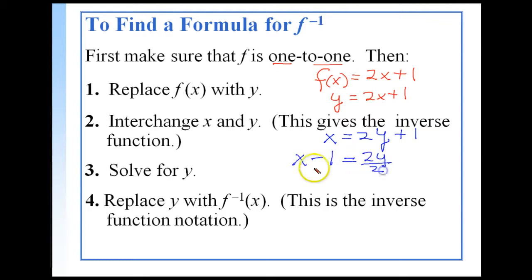And now we divide both sides by 2. And our new equation now, where this is y, we then put f inverse equals x minus 1 over 2. So we replace this y with the f inverse. This is the inverse function notation.